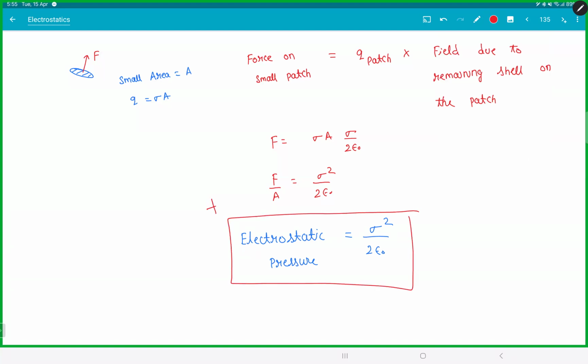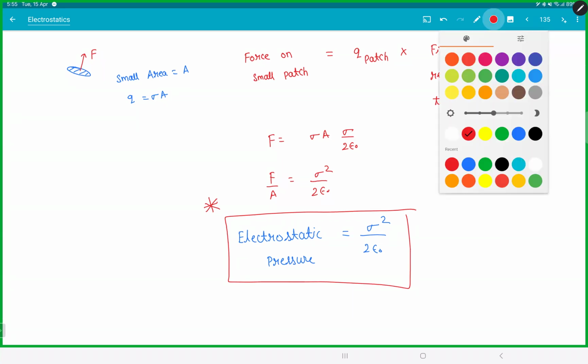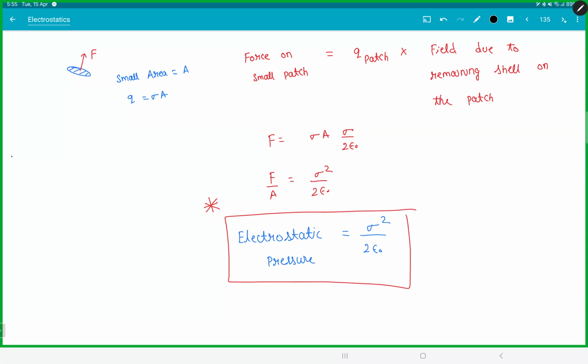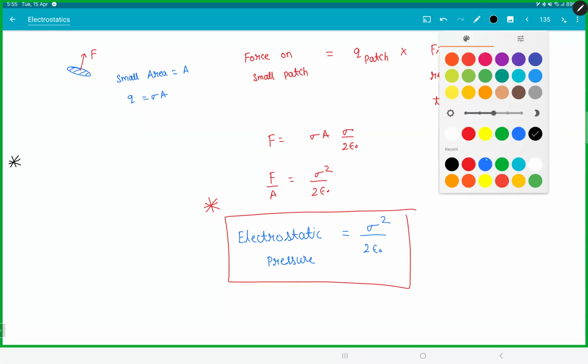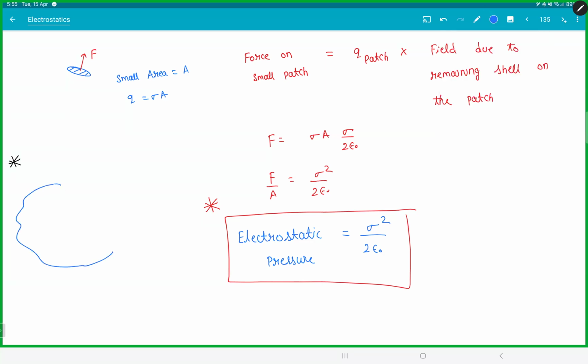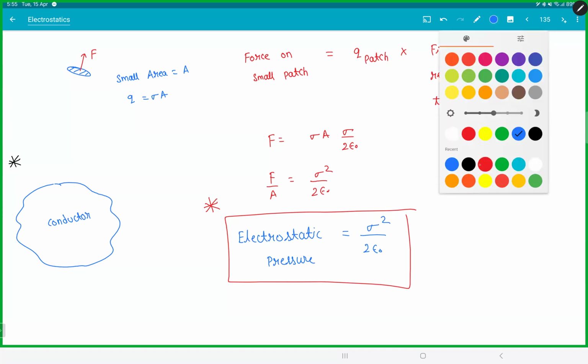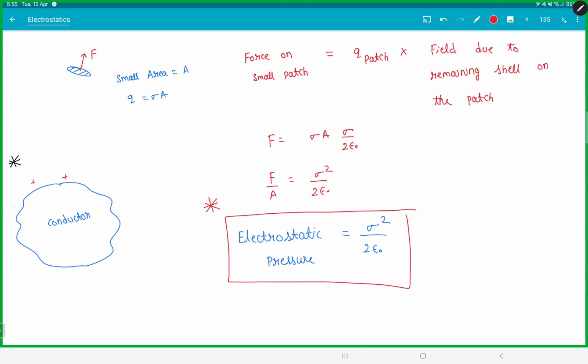So this would be a result you should definitely remember for Mains and Advanced, as they can ask a direct question. We will prove this in Gauss law, but there is an extension of this. If you have taken a random shaped conductor, and if it has some charge density on the surface sigma, now this will be non-uniform.